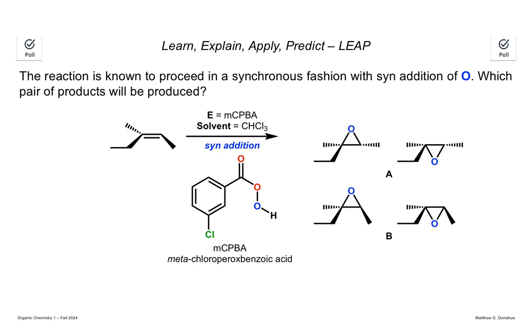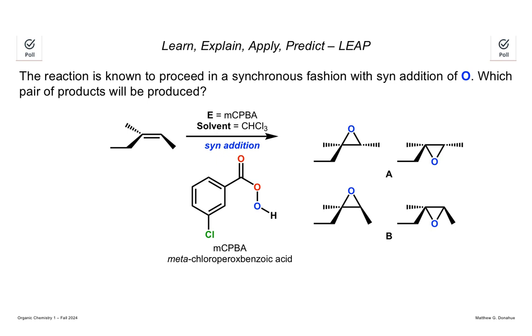So this question is asking you: the 2 products on top, A, or the 2 products on the bottom, B? What's the correct pair of enantiomers? So all of them have the epoxide.